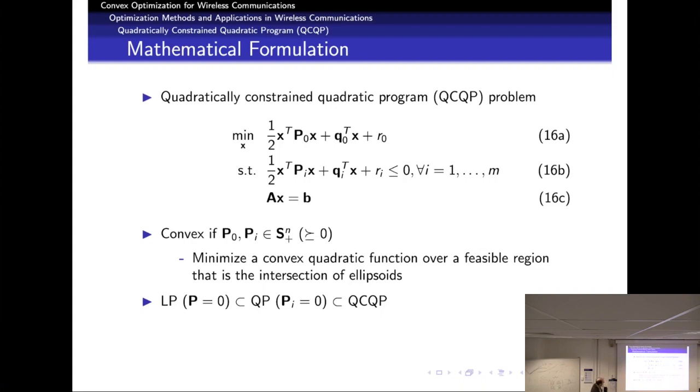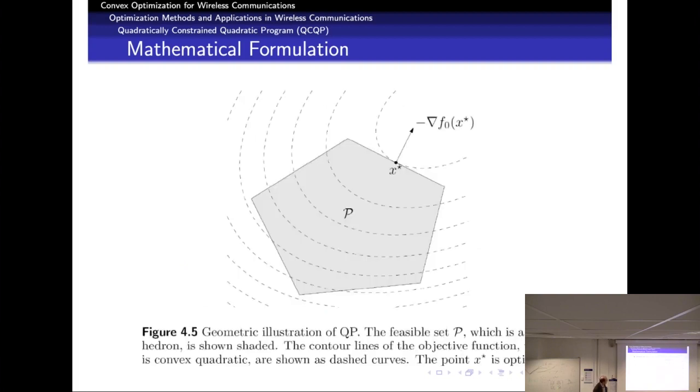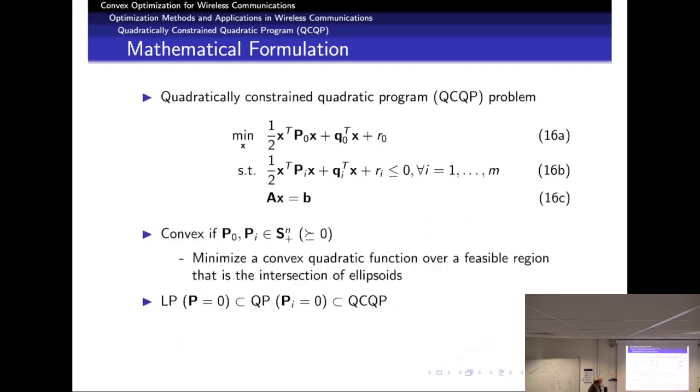So the Hessian of all those functions has to be positive semi-definite. And so what that means here is that you still have an objective function that looks like an ellipsoid. So the levels will look like ellipsoids, but your constraint set here will be an intersection not of half spaces, but of ellipsoids as well, because each of them will actually define an ellipsoid, right?